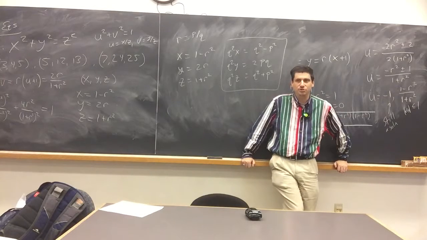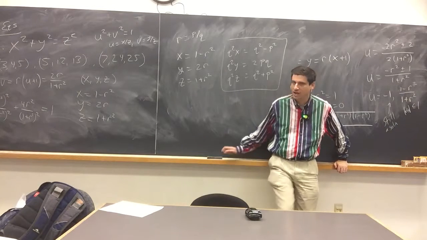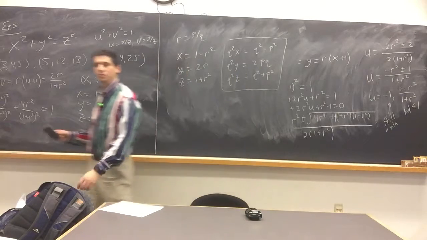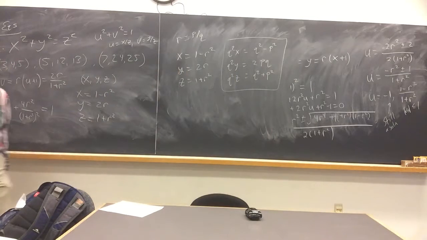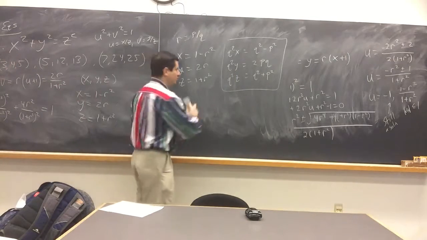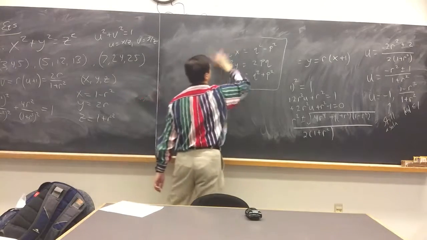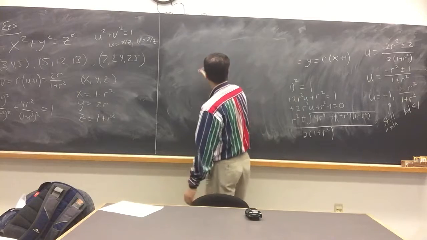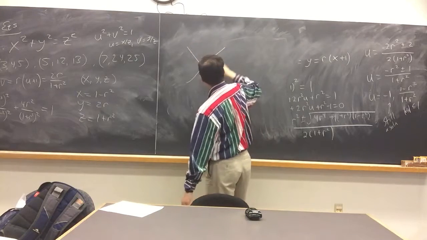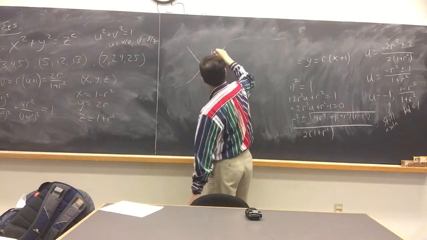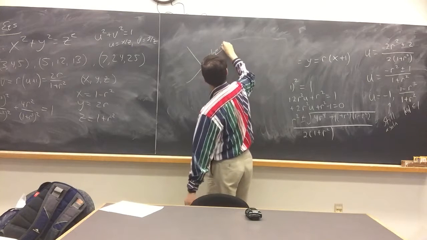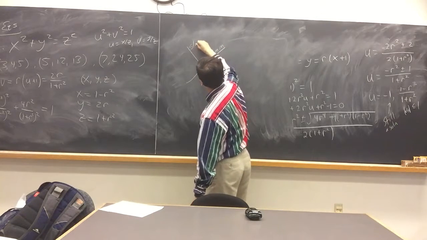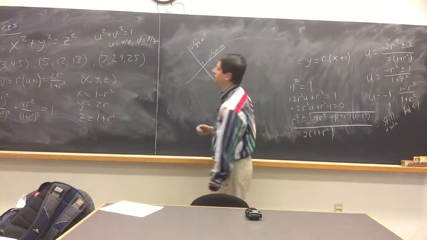This is not enough time to start a new topic, but I will end with just one question about slopes. I'm just curious to see what people remember. It doesn't seem to want to move, so I will just work in this part of the board. Let's say I have two lines that are perpendicular with slope m and slope m prime.